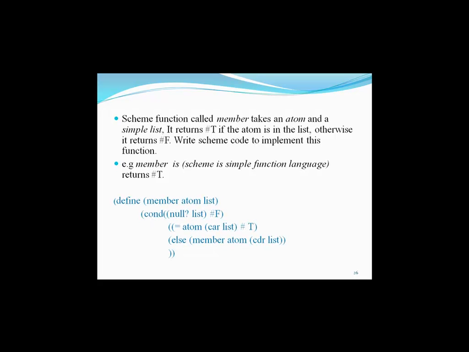Define member, we give the atom and the list. If the list is null, we return false. If the atom is equal to the car of the list, we return true. Otherwise, if both statements are false, we return atom and the cdr list to the member function.